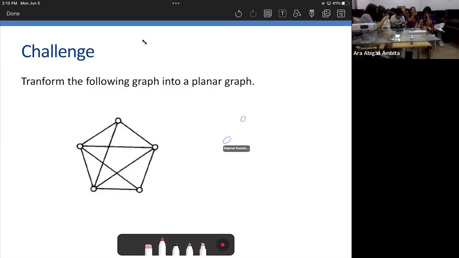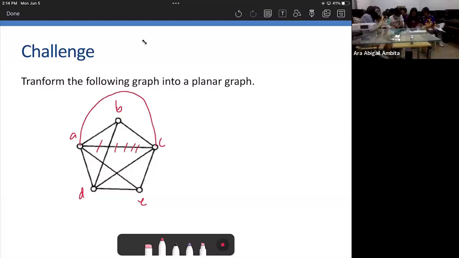So, do you have it already? Two edges intersect. So what will you do? How many edges will you move? Just two. Okay, so for example, A, B, C, D, and E. Which edge will you move first, let's say? B and D. A and C. So let's remove this, and let's do it here. What else? E. Yeah, things like that.